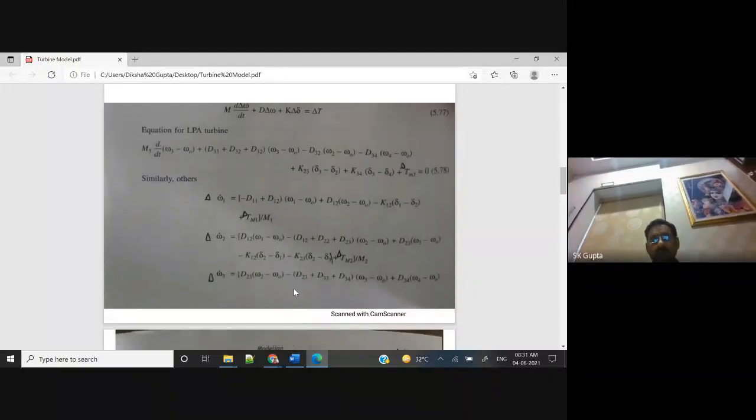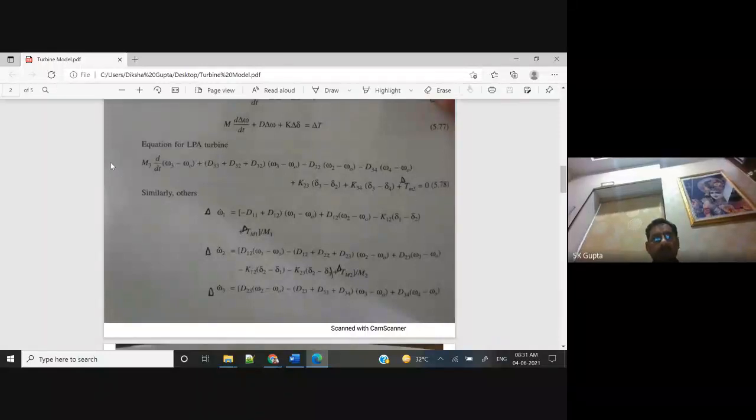So d32 omega 2 minus omega 0, and d34 omega 4 minus omega 0, and this will be negative. This will be negative, and finally next K23, this is the same. Make the bracket close here, and this is the same equation.